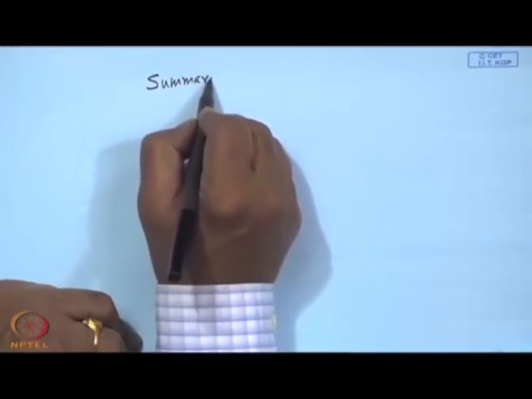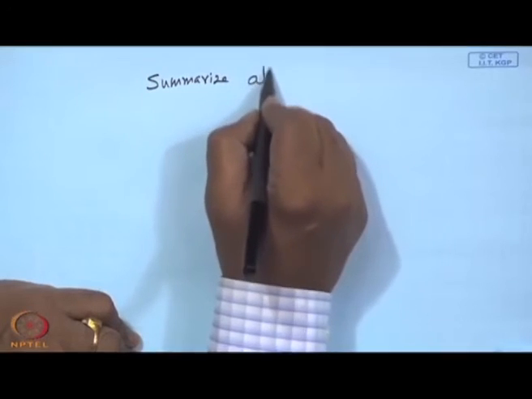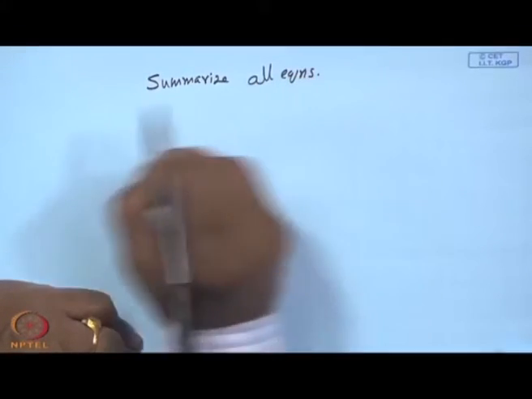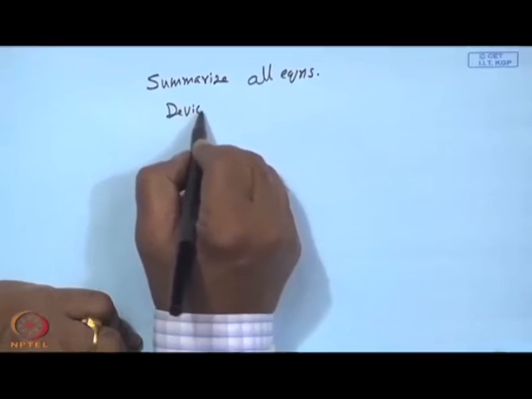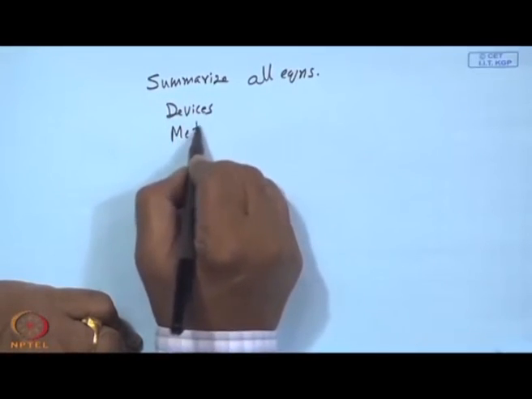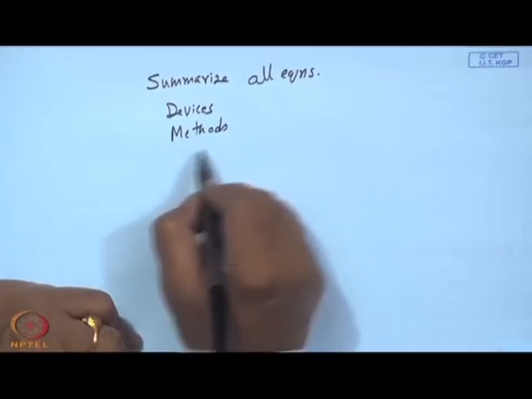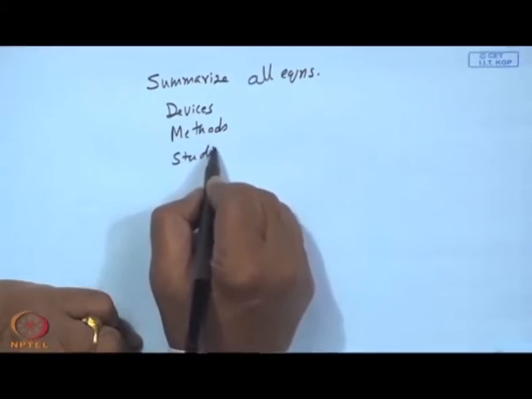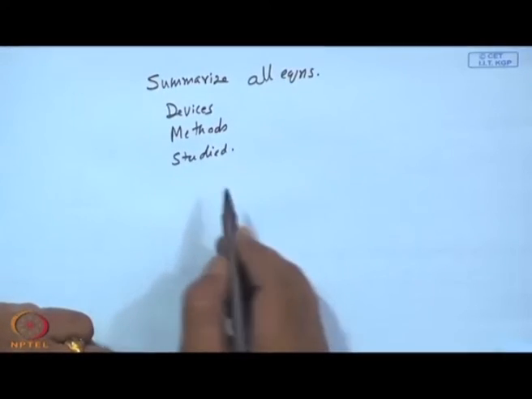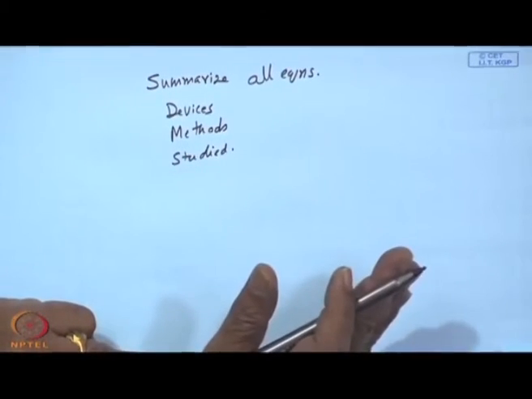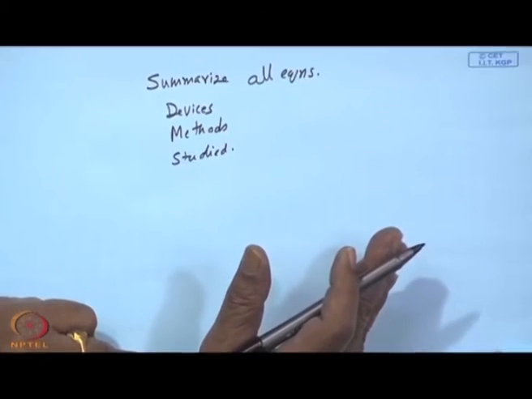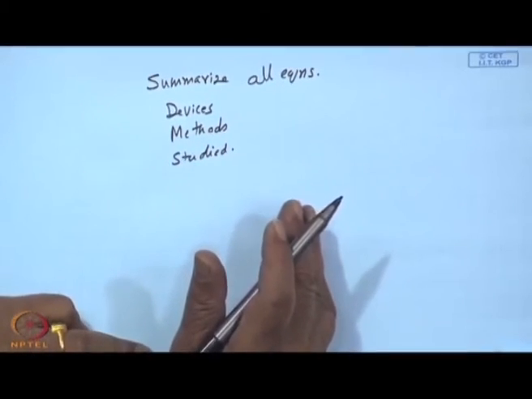Okay. So, what we shall do in the next lecture is I will try to summarize all our equations and the devices and the methods we have studied, and one thing you should remember is this could be the topic wise last lecture, the next one will be the summary only.